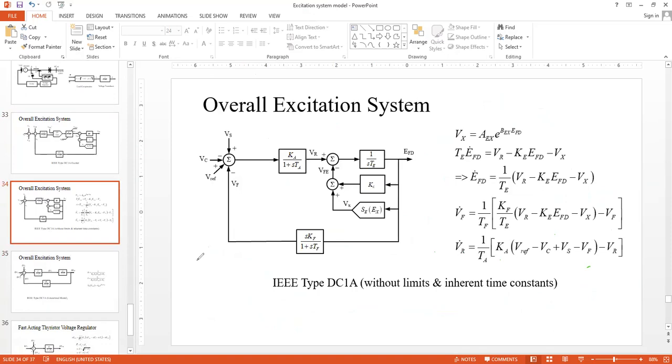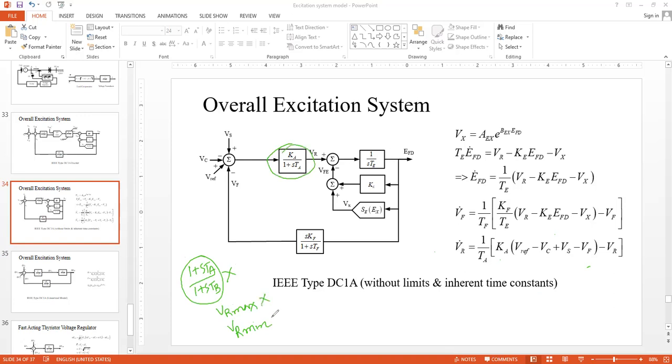Here we are simply ignoring 1 plus STA over 1 plus STB. So this block is no longer here. What else are we doing? We are ignoring the VR max and VR min limits. Remember, these two are the maximum and minimum limits associated with this amplifier block.